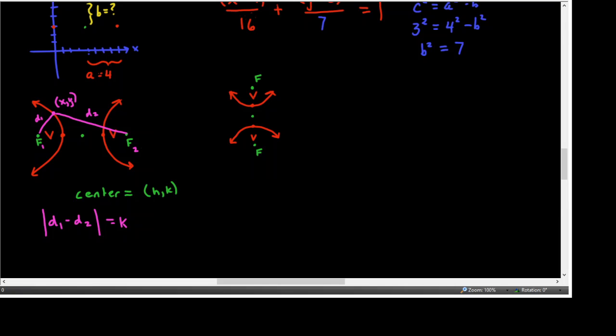So let's go about defining a few distances. We're going to say that the distance from the center to the vertex is again a. The distance from the center to the focus is again c. And there's some other distance that's not described yet, but it will be a vertical distance to some point out here, let's just say right there, and another one over here.